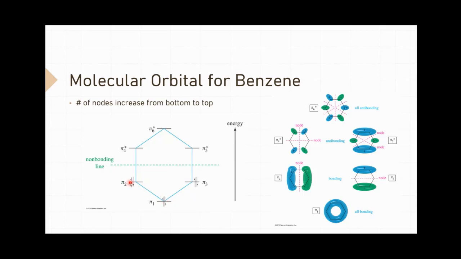So 1, 2, and then 3, 4, 5, and 6. Since the bottom 3 are filled up, that means our anti-bonding line would be separating 1, 2, and 3 from 4, 5, and 6.